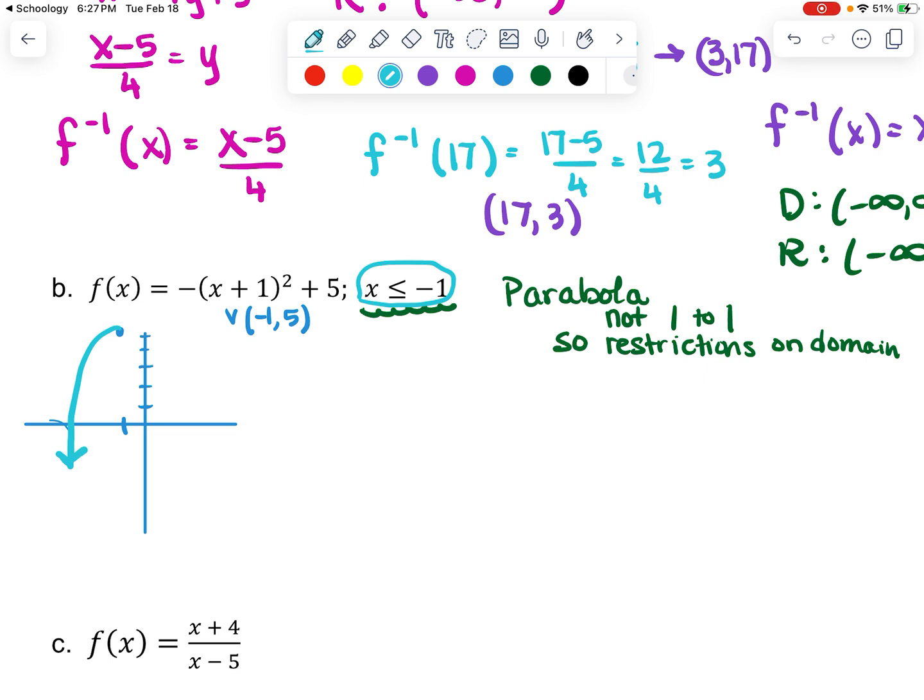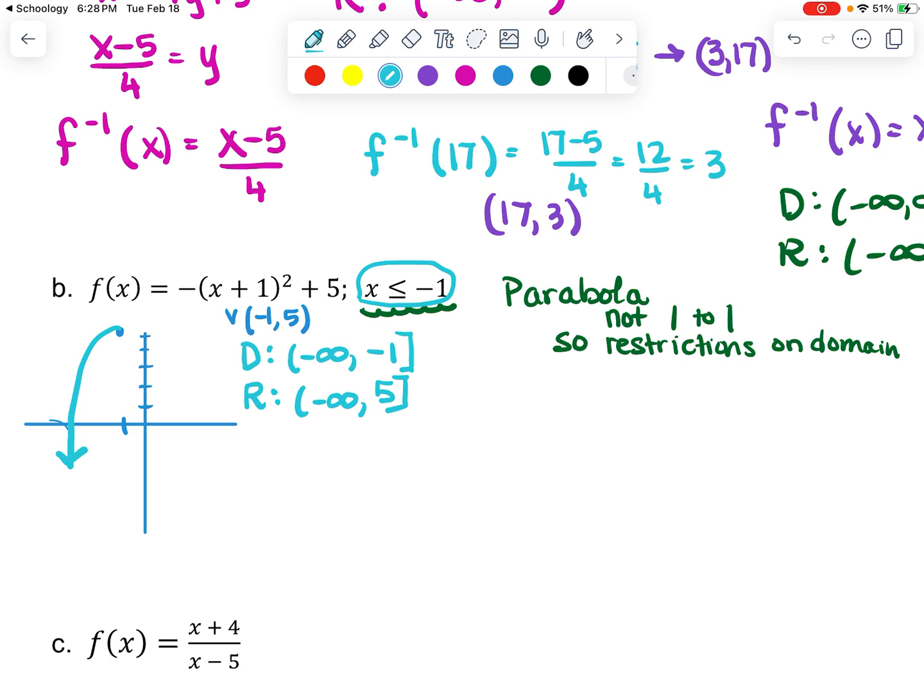So the domain for my f of x would be negative infinity to negative 1, and I'm going to include that. And then my range is negative infinity up to 5, because that's my vertex.